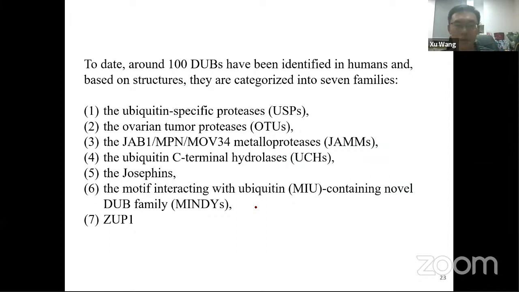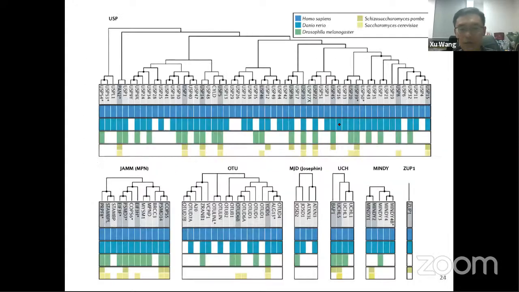To date, there are around 100 DUBs in humans, and based on structures, they can be categorized into seven families: the USPs, OTUs, JAMMs, UCH, the ZUFSP, MINDYs, and SUP1. This picture shows the DUB family, which can be divided into seven subfamilies.